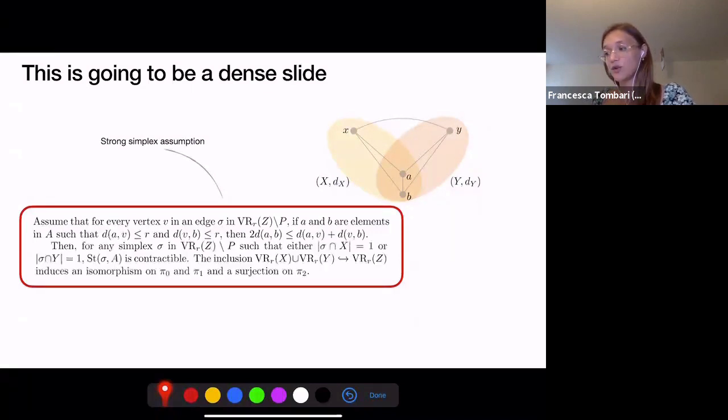If this condition holds, then what happens? For any simplex in the Vietoris-Rips of Z minus P, such that either there is only one vertex in X or only one vertex in Y, then the obstruction complex associated to such a sigma is contractible.